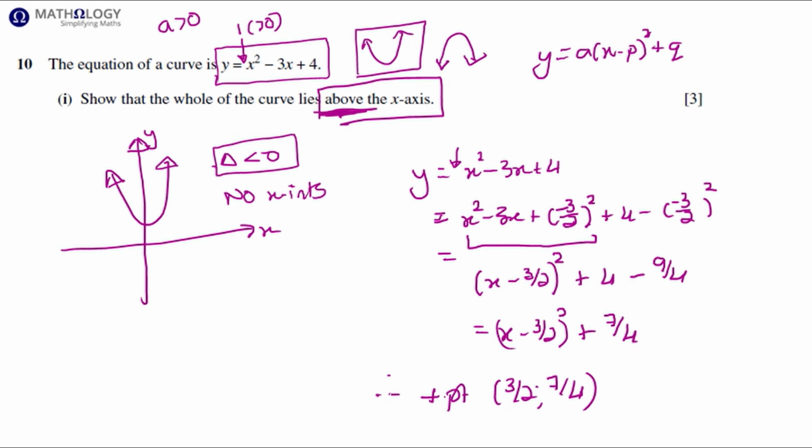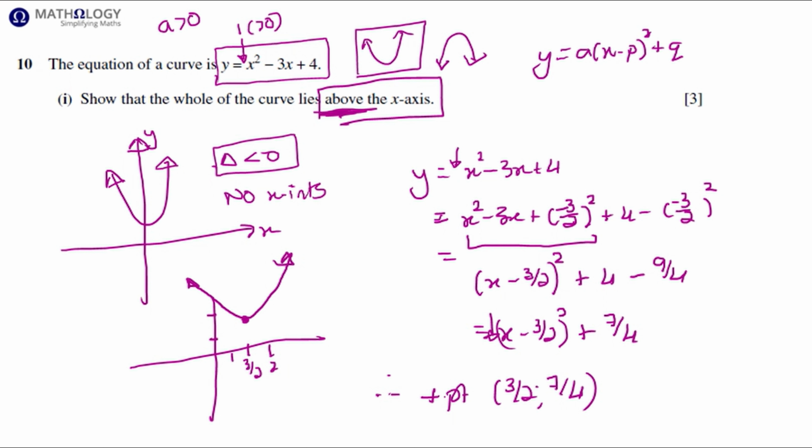Now 3 over 2, 7 over 4, let's just draw this again. 1, 2, 3 over 2 is going to be 1.5, and then 7 over 4 is 1 3/4. So we can say that the turning point is somewhere there. We know that the value of a is positive, so it shapes up. Again, we don't really care too much about any other information, but we know that the function is going to shape up like that.